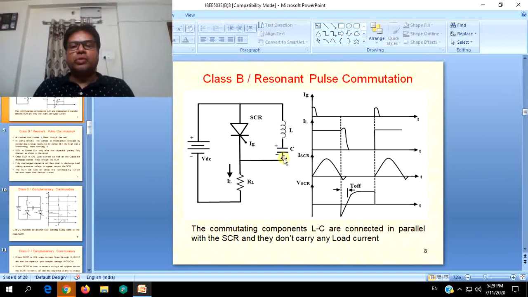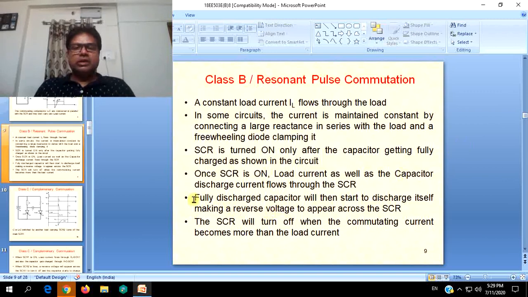So the polarity of the capacitor gets reversed.